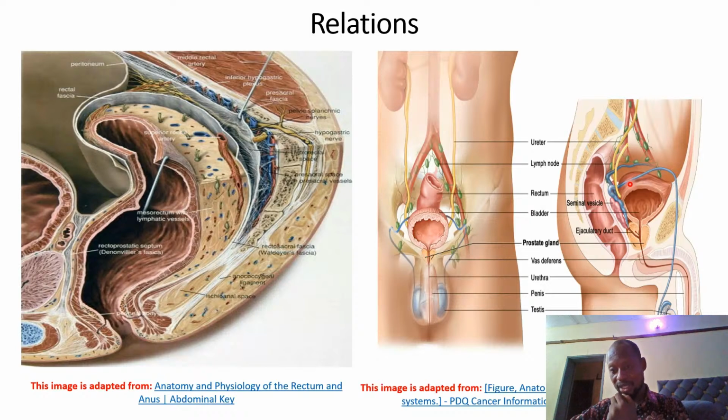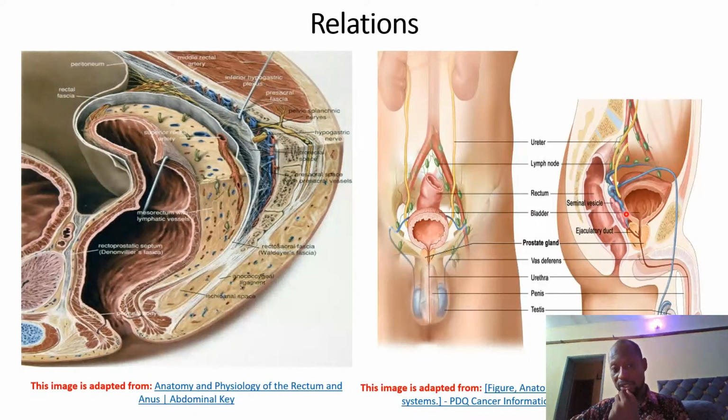That means it will enter the medial side of the ureter and continue towards the front, pass on the superior surface of the bladder, or the base, to find a way to enter into the, sorry, it's coming from this, so it will pass in front, wind round on the medial side of the ureter, on the base of the bladder.